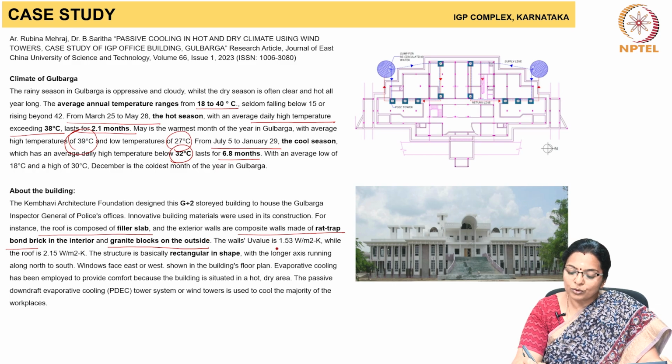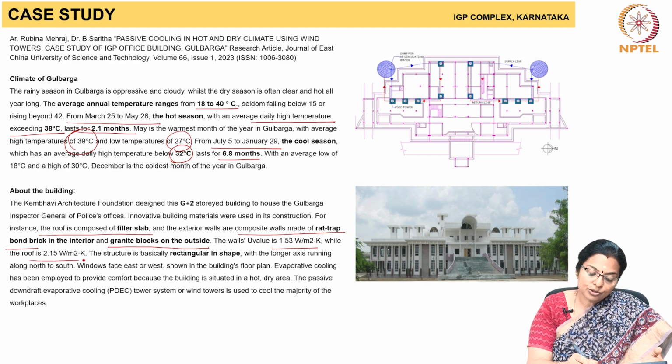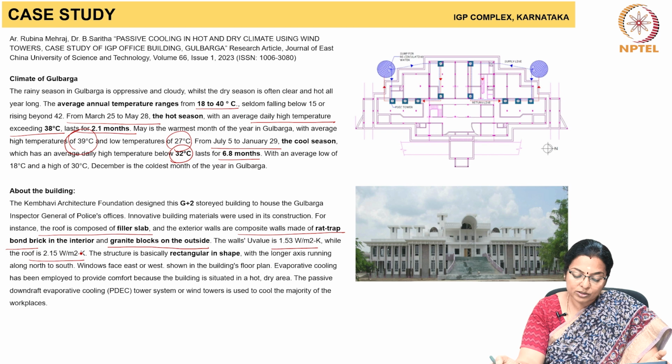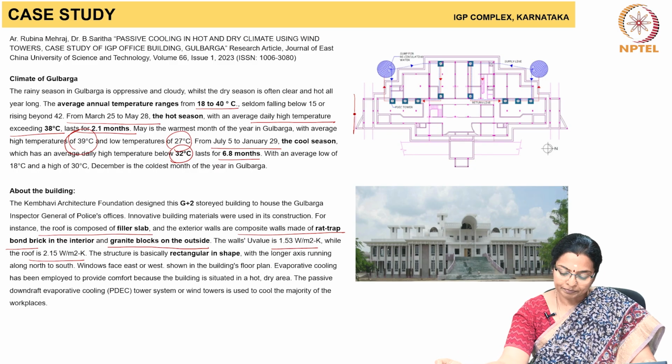The U value of the wall is 1.53 watts per meter square Kelvin, and the roof U value is 2.15 watts per meter square Kelvin. This structure is rectangular in shape, as shown here.